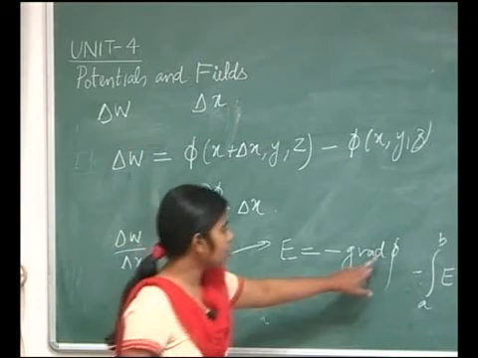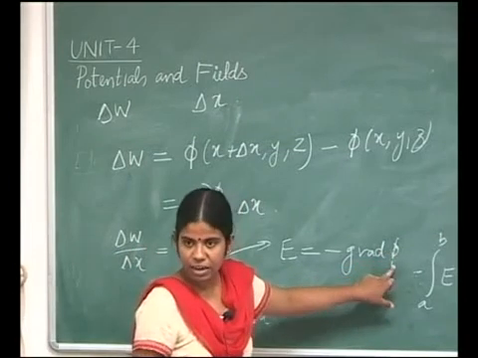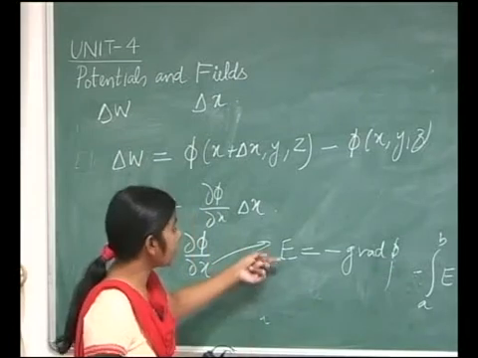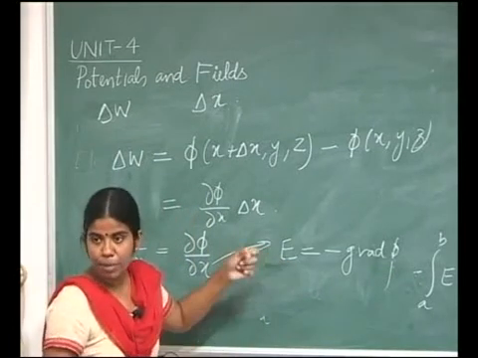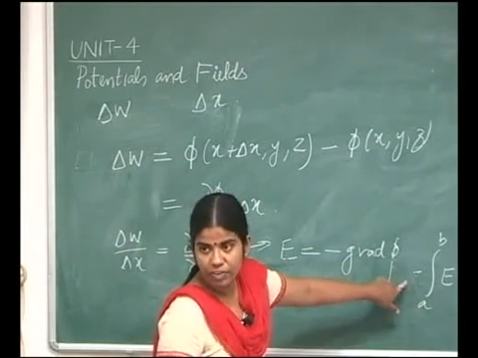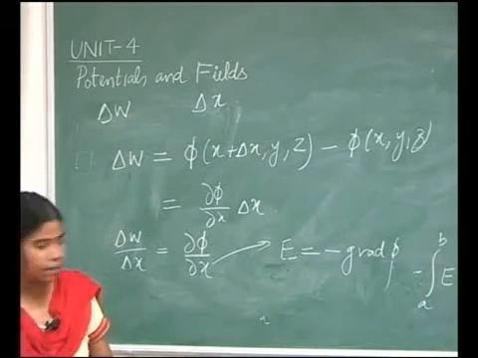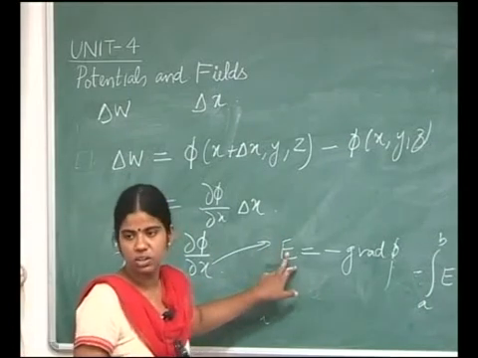What is phi? Phi is a scalar field. So, I am representing a vector field as gradient of a scalar field, and this can happen only if and only if this field is irrotational.